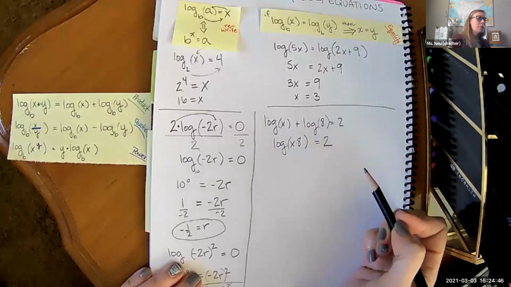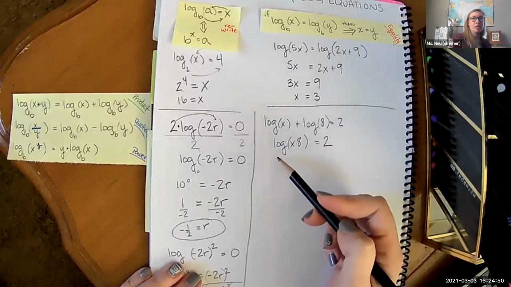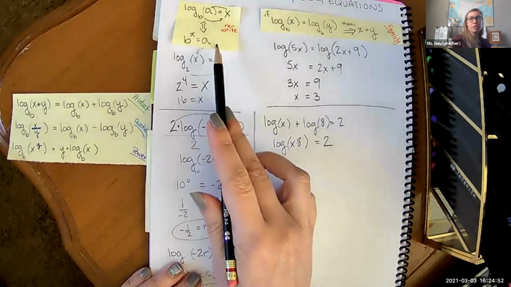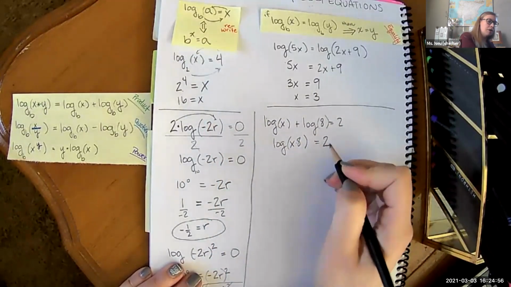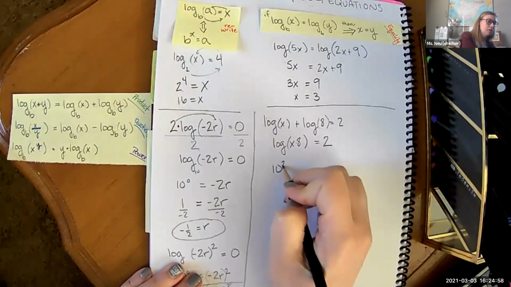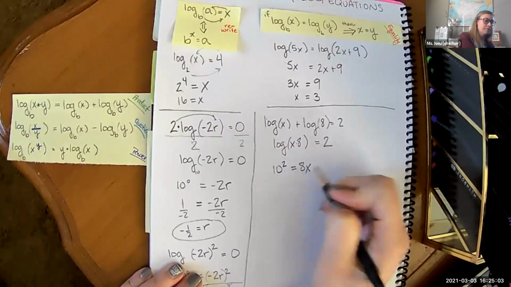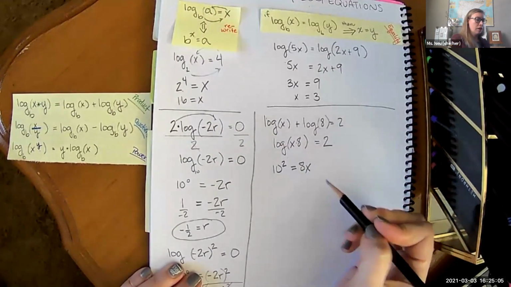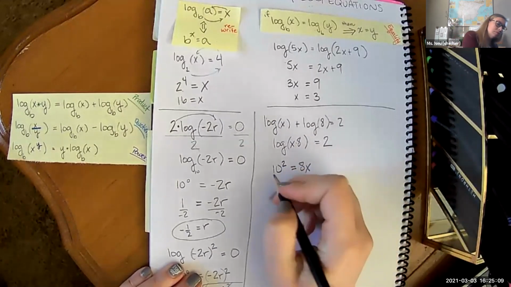But now that we've done this, now we just have a basic rewrite again, and we're just going to use the circle of life. Okay. So this is 10 to the power of 2. Gets me back to 8x. And now what is 10 to the power of 2?